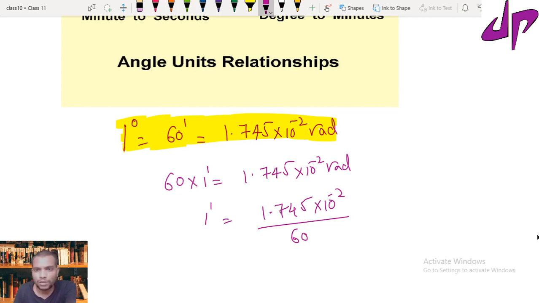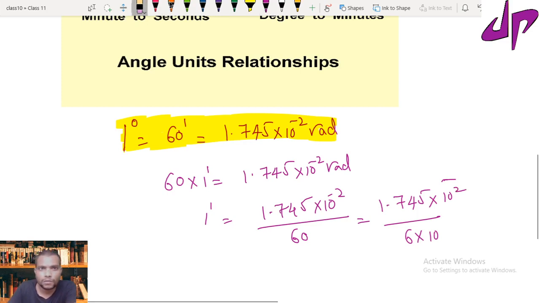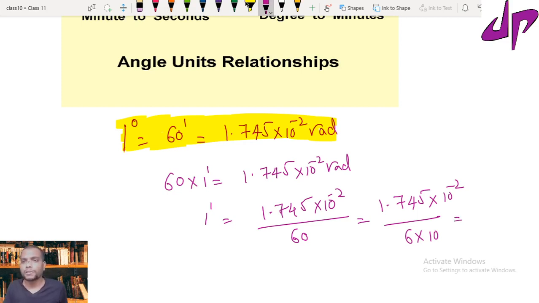Now for further simplification, I can take the 10 to the numerator and write 6 in the denominator, so it becomes 1.745 times 10 power minus 3 upon 6.